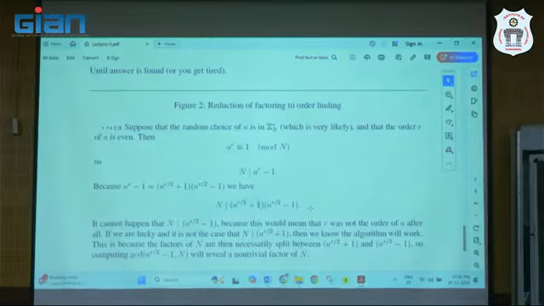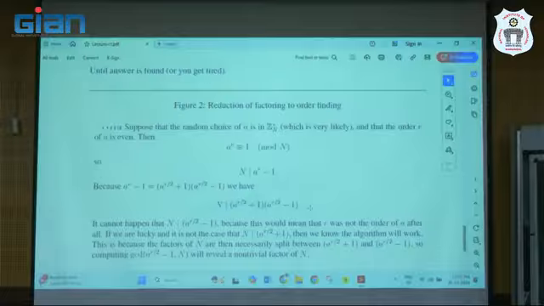Agreed? Now you see, we have this formula, right? A to the power R minus 1 is A to the power R over 2 plus 1 times A to the power R over 2 minus 1. Agreed?